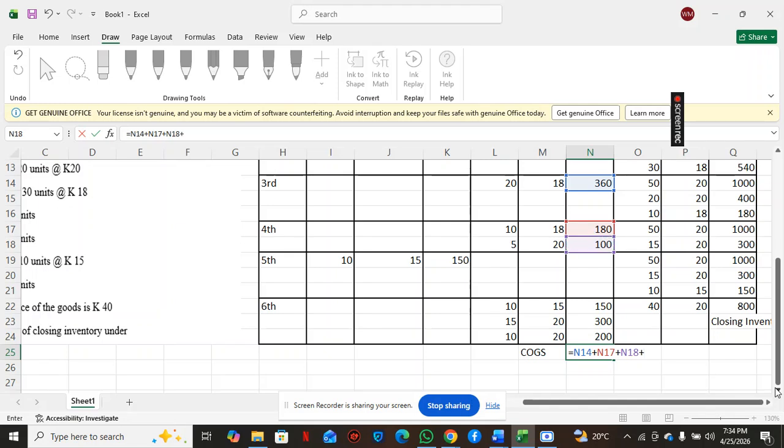Then these other 35 units were valued at 150, 300, and 200. So the cost of goods sold is 1,290 kwacha.